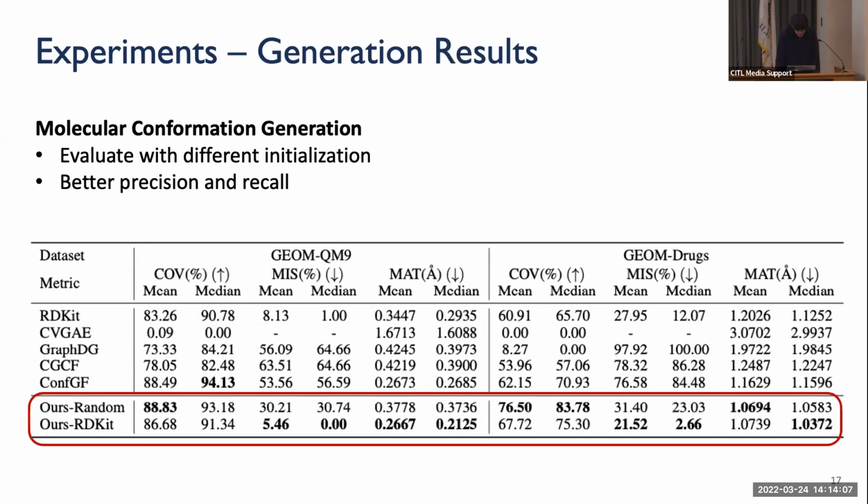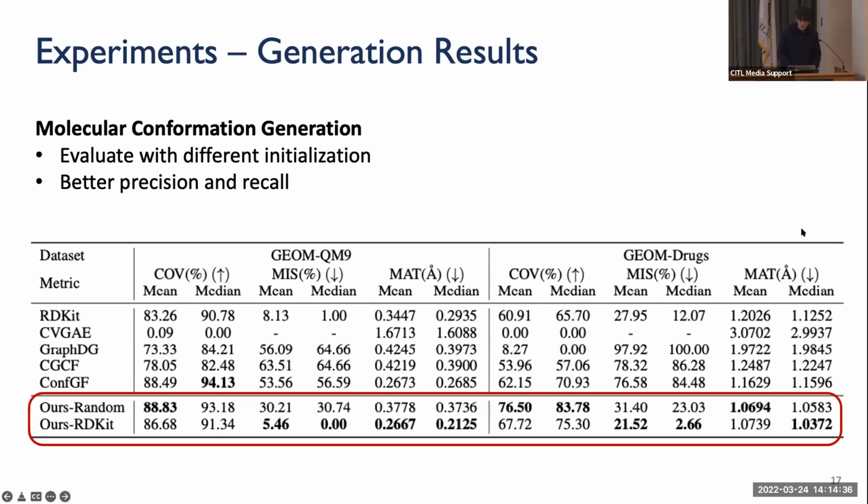And for the second setting, we evaluate our model in terms of the coverage score, which represents how many molecules in the reference site can be covered by our model, and also the mismatching score, which means how many molecules in the generation site cannot be matched to any conformer in the reference site.